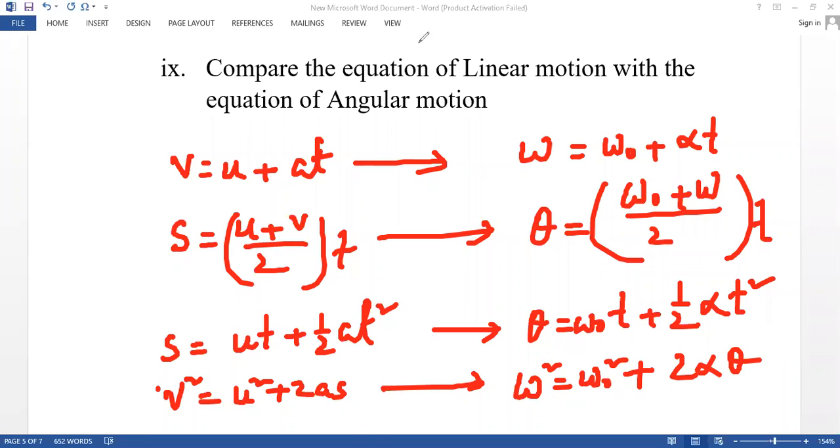Again, F equals ma, right? You know this from SSC.